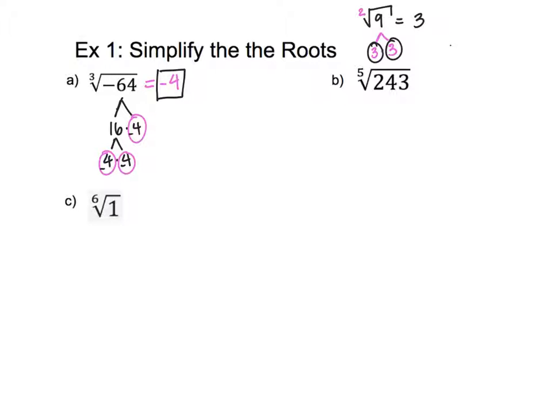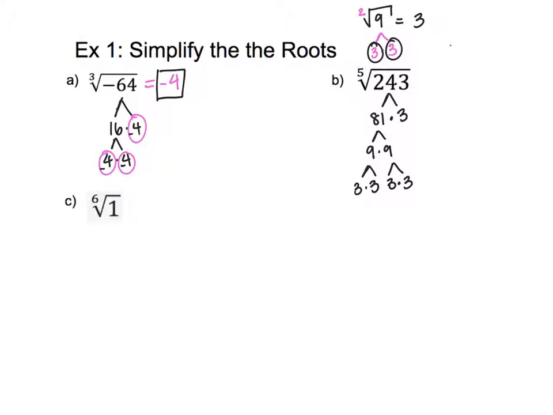Let's try B next. Here I have 243, and I'm taking the 5th root. That's saying there is a number multiplied by itself 5 times that gives you 243. So let's decompose 243 using a factor tree. I believe 81 times 3 gives you 243. 81 can be decomposed as 9 times 9. 9 can be decomposed as 3 times 3, and 3 times 3.